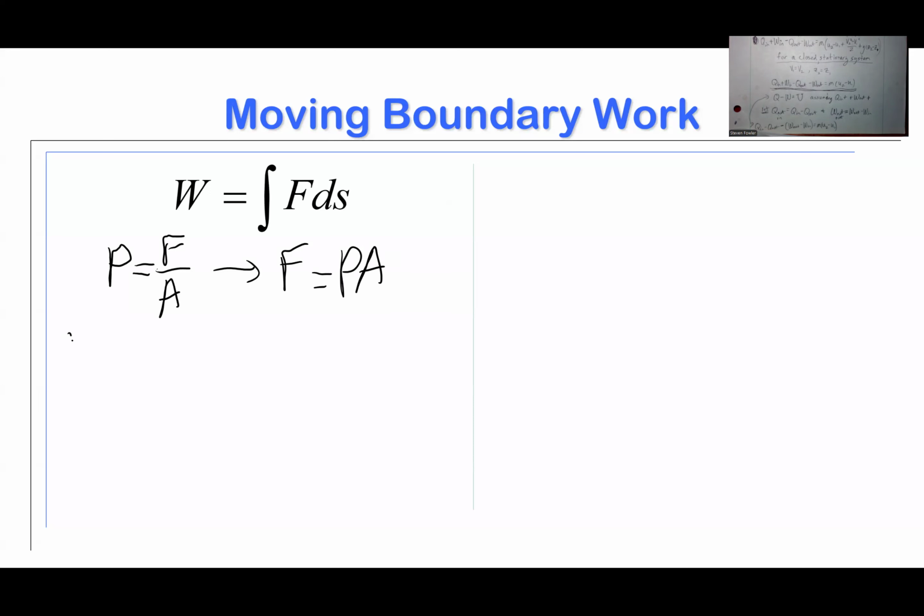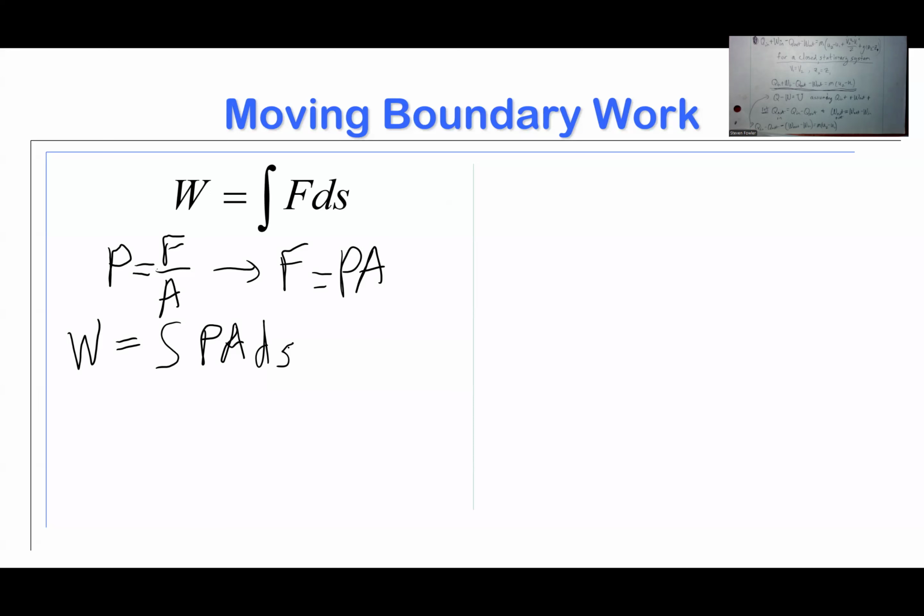So if I need to compute the work required in order for the volume of a system to change, that means there's internal pressure applied over an area causing the force that's being applied over some distance. And I need to integrate, find the net result of that pressure applied over an area through that distance.